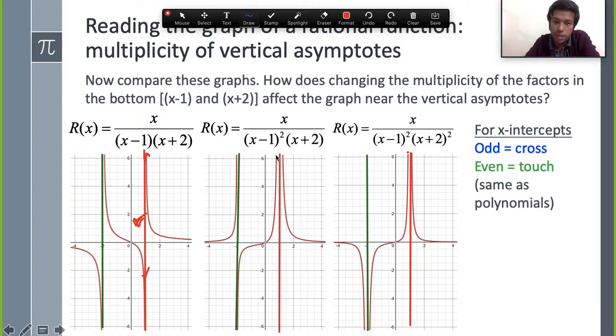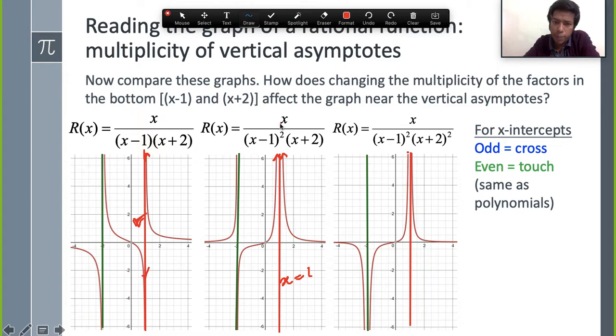And see what is here, both of the graphs were going up towards that x equals to 1. This is our x equals to 1.